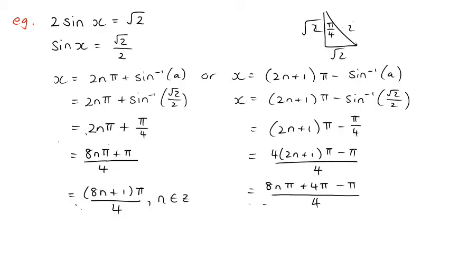Okay, 4 pi minus pi is, if I have 4 pi's, I take away the pi, I got 3 pi's. 8n pi plus 3 pi over 4. Take out pi, yeah. 8n plus 3 times pi over 4, where n is an integer.